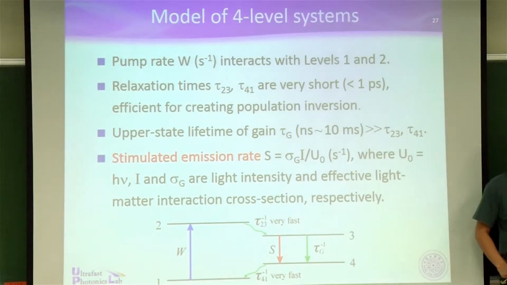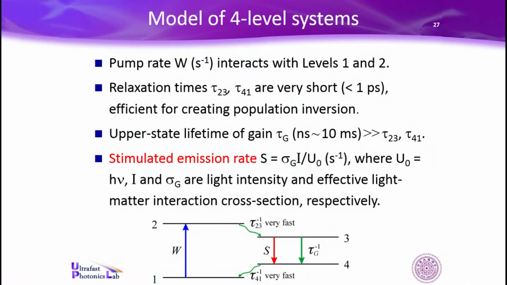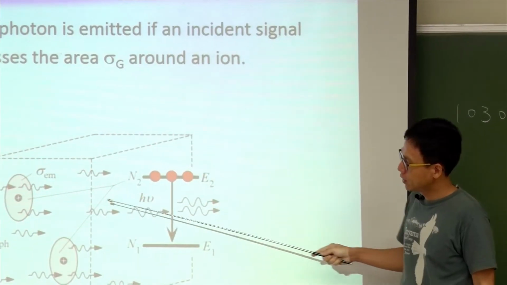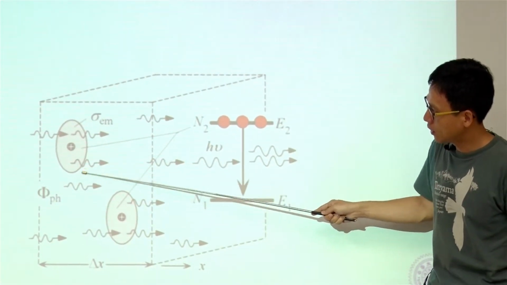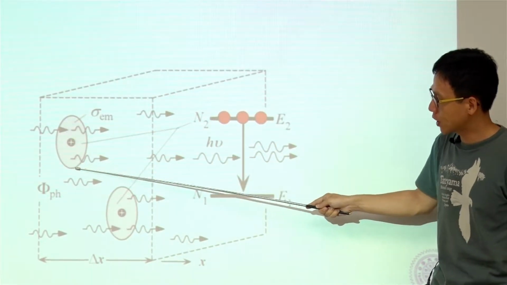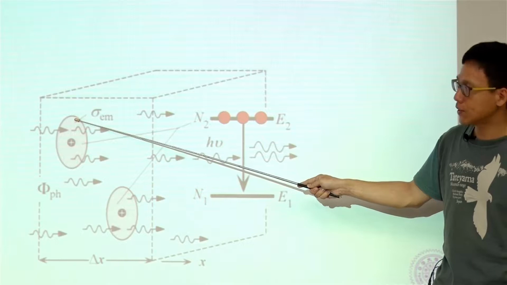So we have to pay some attention to the definition of sigma g. What is the equivalent cross-sectional area, sigma g? A coherent photon is emitted if an incident signal photon crosses the cross-sectional area sigma g around a single ion. For example, this is a single ion, and the effective cross-sectional area is defined as sigma g.